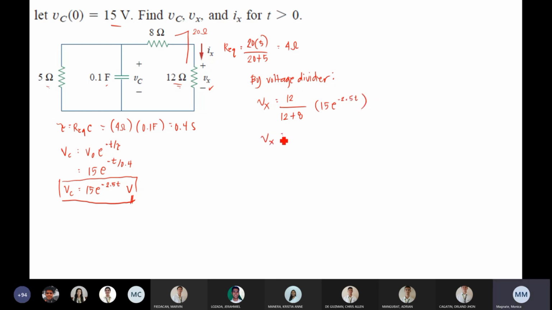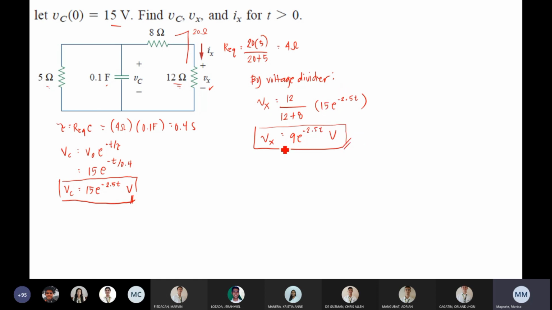So, Vx natin equals 12 over 20 times 15. Ito equal 9. So, 9 e raised to negative 2.5t. And huwag niyo kalilimutan yung volts. Ito yung V sub X natin.